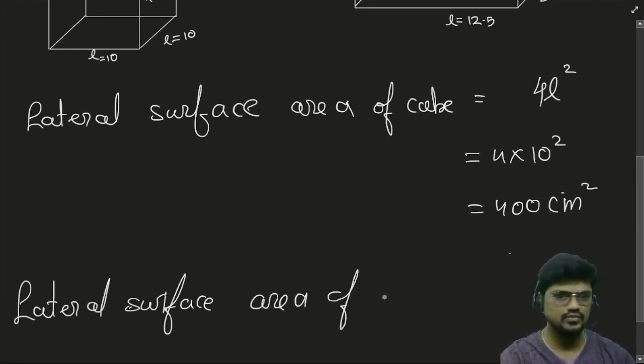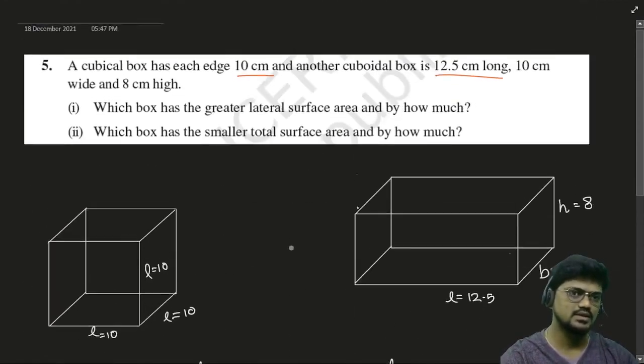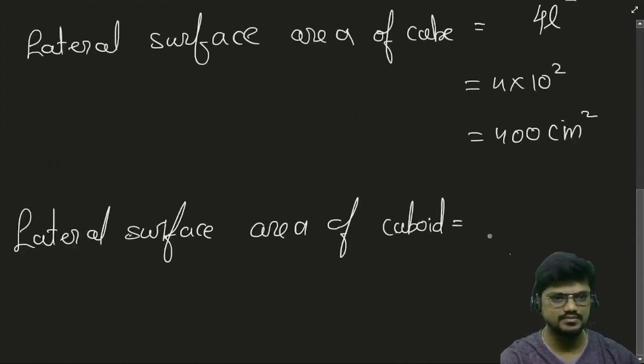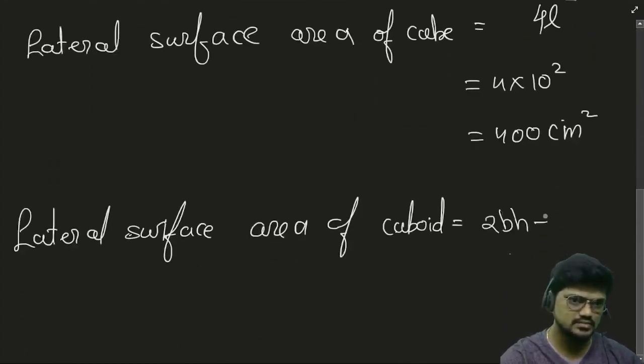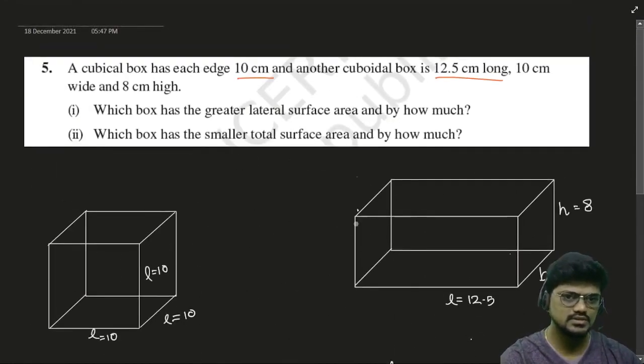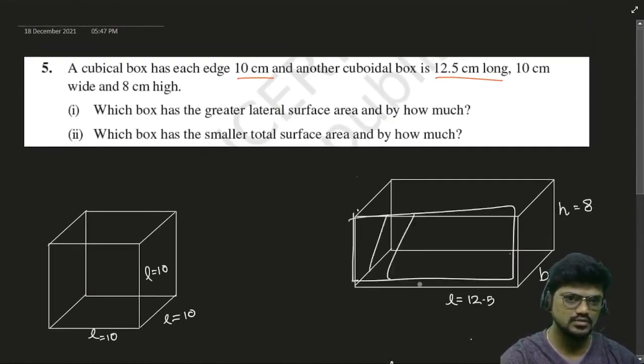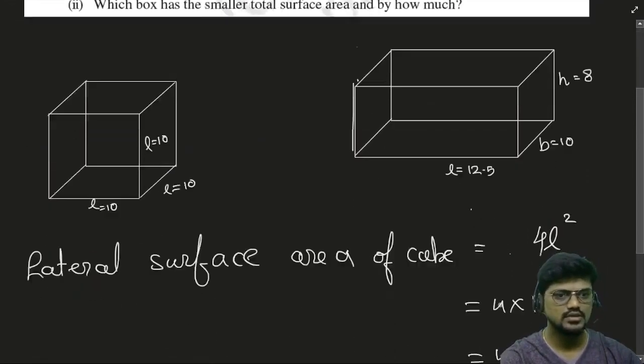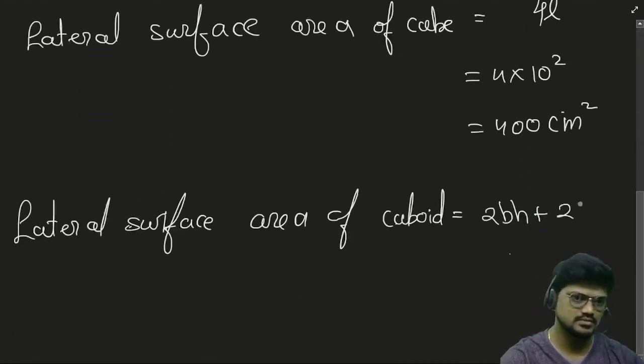Surface area of cuboid. What will be the lateral surface area? See, this lateral surface will be B into H, and there will be 2 like that, so 2BH. Plus, this is also a lateral surface area, that is L into H, and there are 2 in this case.